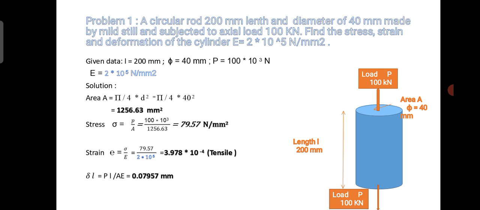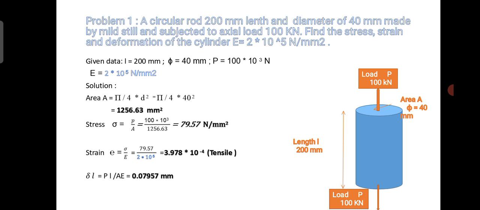Now, the first thing to remember is that we have to look after the units of each and every property given in the problem. Length and diameter are in mm, and the load is 100 kilonewton, so it must be converted to Newton, as all dimensions are in Newton and mm.